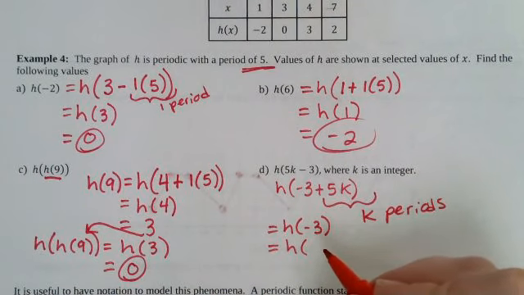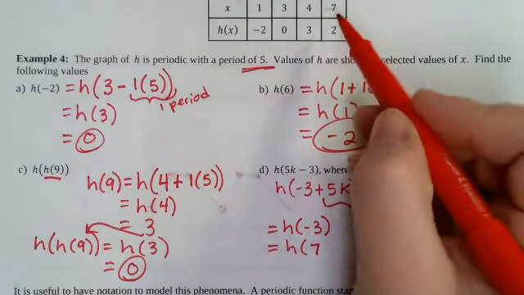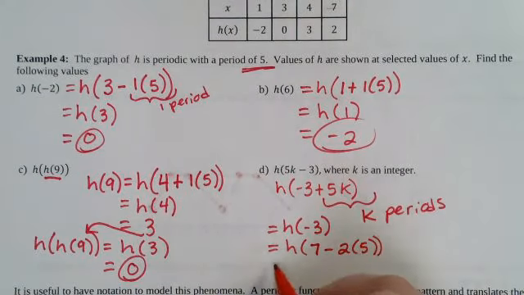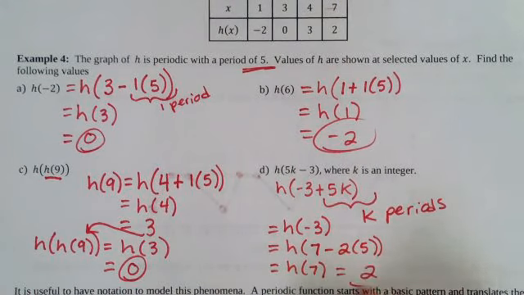I bet you we could do this. Let's see if we could do 7. There we go. 7 minus 2 times 5. Yeah? 7 minus 10, negative 3. So h of 7 is what we need. The answer would be 2.